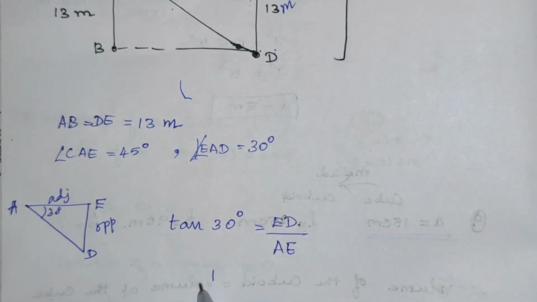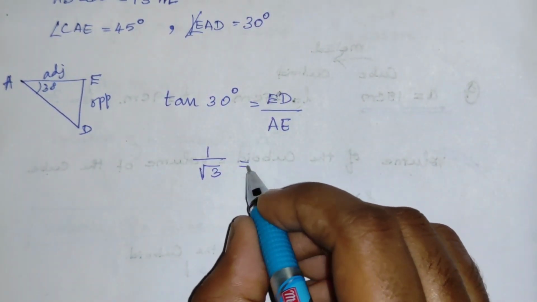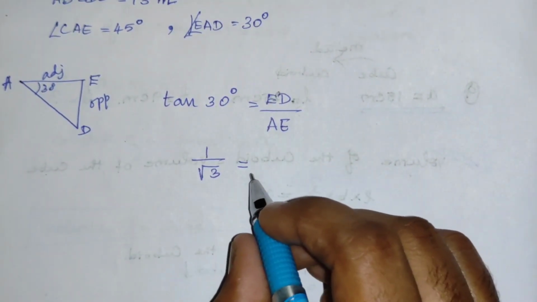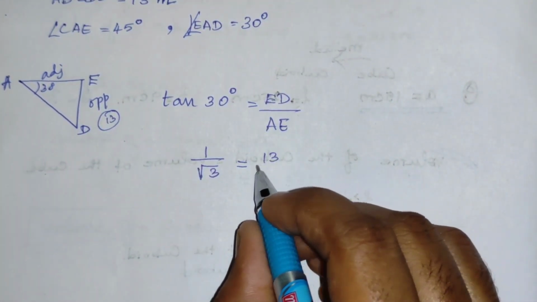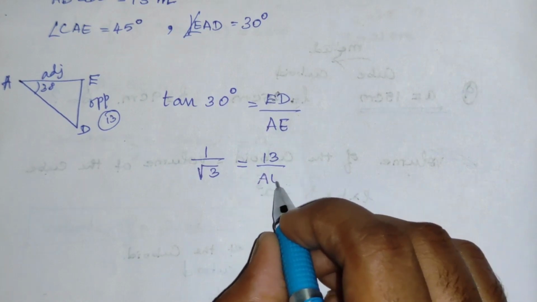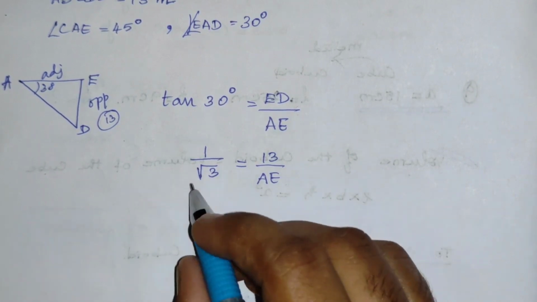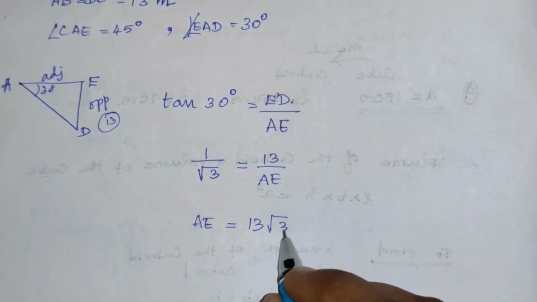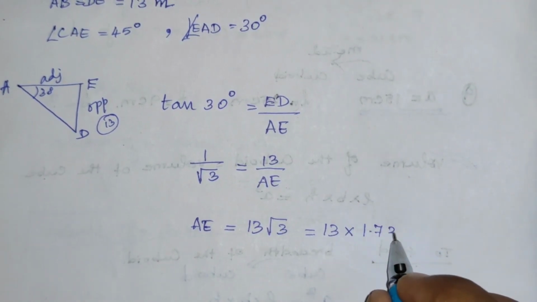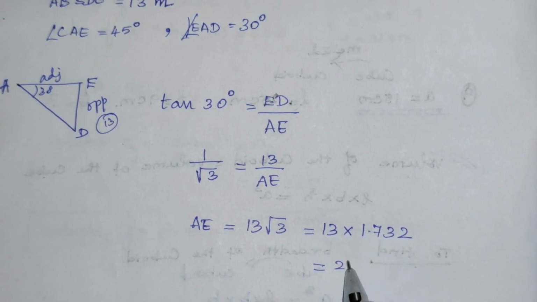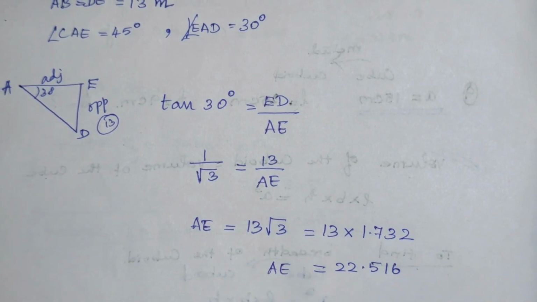So tan 30 degree is equal to 1 by root 3, which is equal to ED value 13 by AE. So cross multiplying, AE is equal to 13 root 3, which is equal to 13 into root 3 value 1.732. When you multiply, you will get 22.516. That is the AE value.